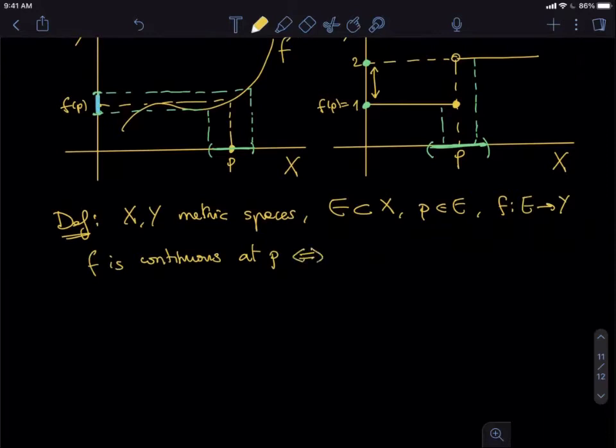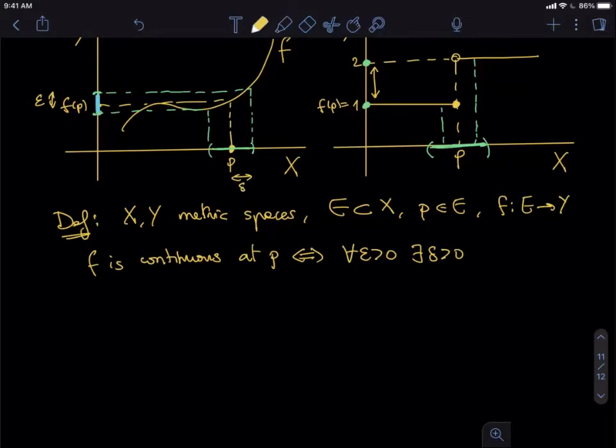if and only if, this is a definition, for every epsilon there exists some delta. We have epsilon for the y's and delta for the x's.